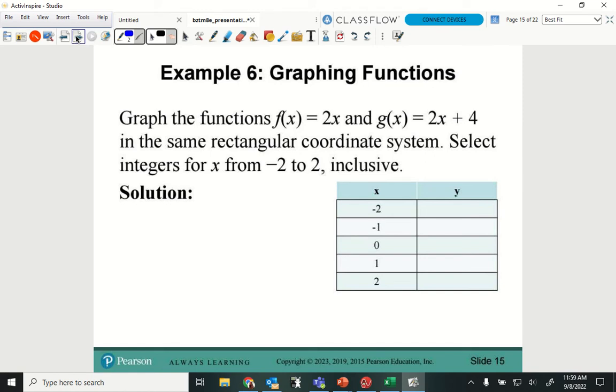So first thing I'm going to do is my first one, and then I'm going to do the second one. So my integers for my first one, so this is going to be my f of x. So let's start plugging in. So f of -2 is going to be 2 times -2, f of -1.